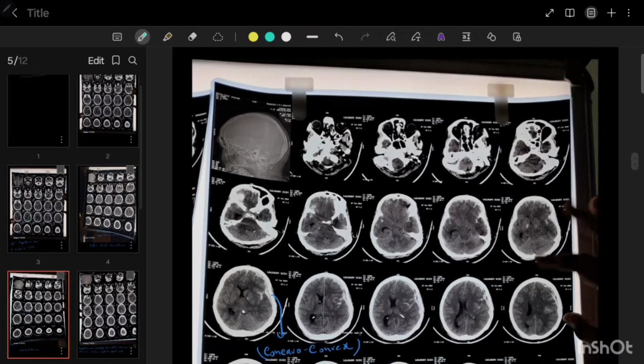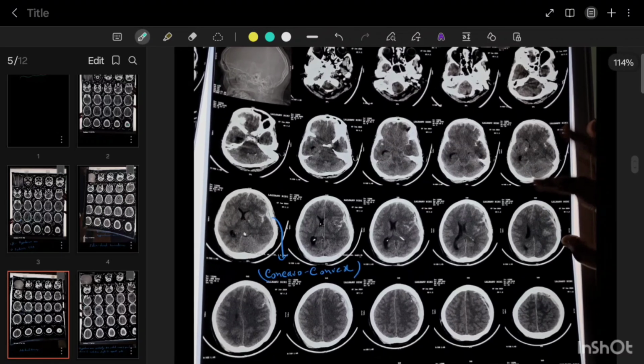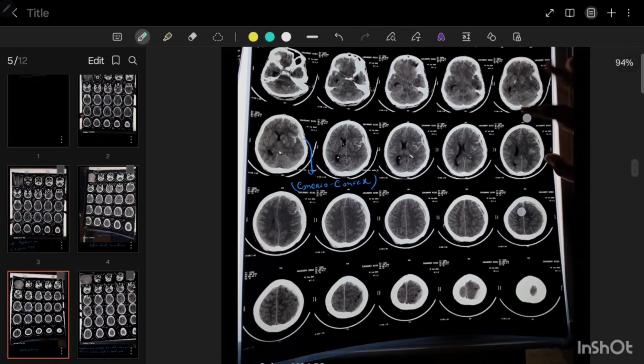Next CT scan, let's see. Here is a hyperdense area, and here it is convex and here it is concave. Here also you can see a concave convex area. So one side is concave and the other side is convex.